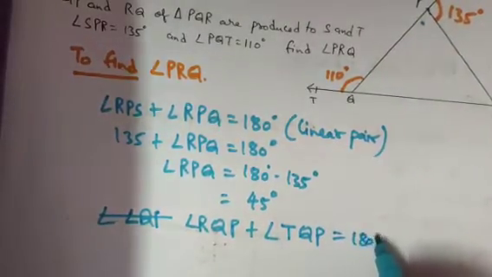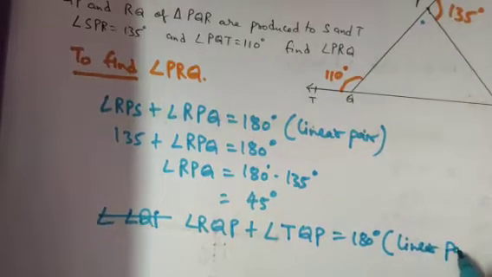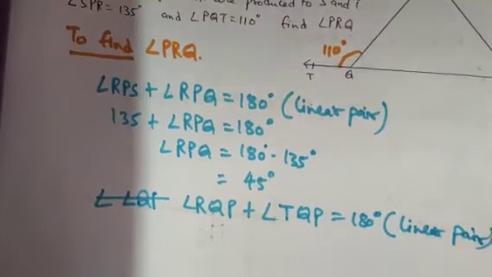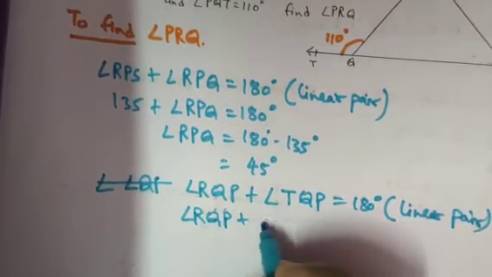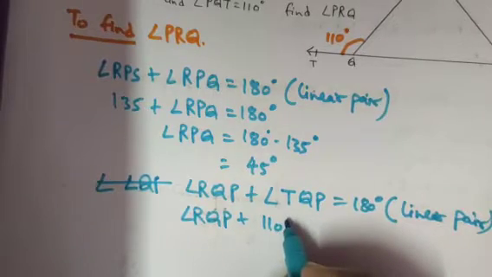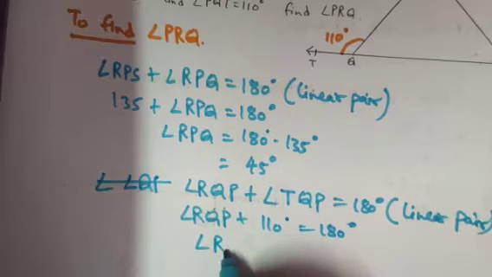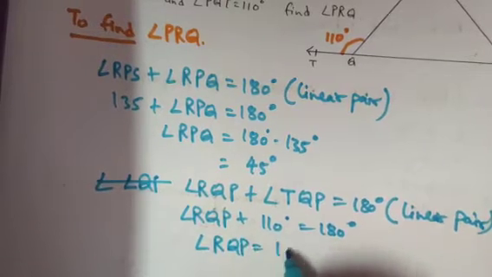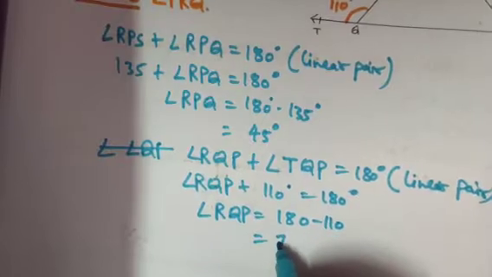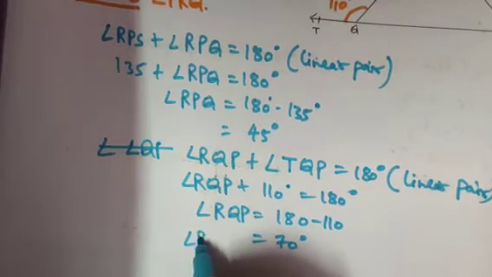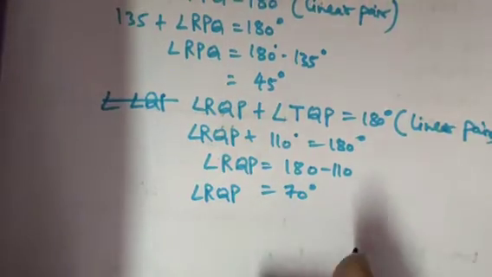So TQP is given, that is 110 degrees. With this we can calculate angle RQP equals 180 minus 110, that is equal to 70 degrees. So we have calculated angle RQP as well as angle RPQ.